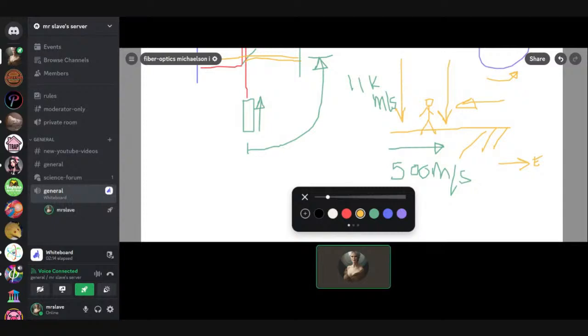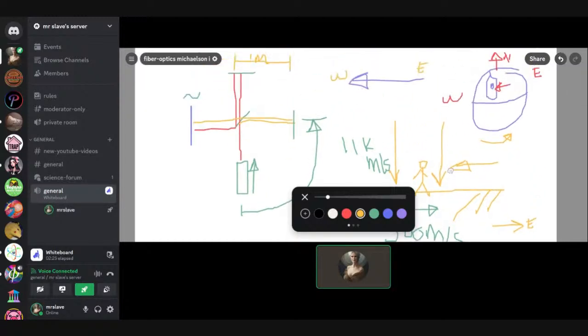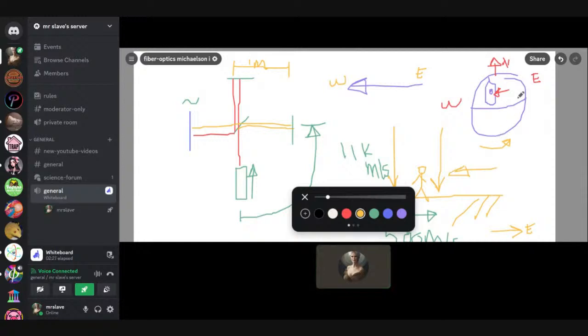The relative velocity, right? The rain is coming down, but you're moving to the right at 500 meters per second. So you should feel incoming ether at 500 meters per second. This is the Earth rotation from the west towards the east. This is the north. The Earth obeys the right-hand rule, so it rotates towards the north.